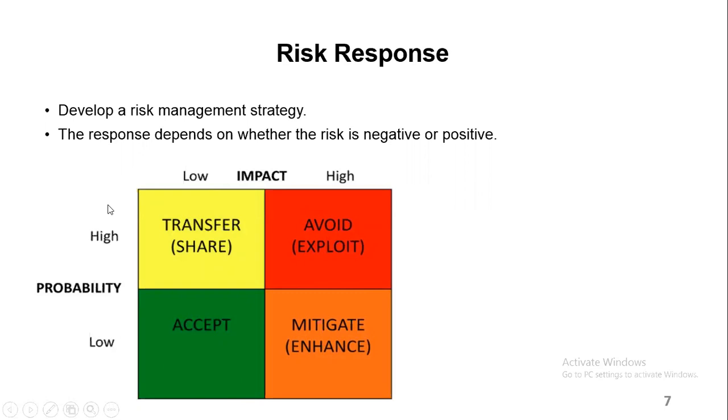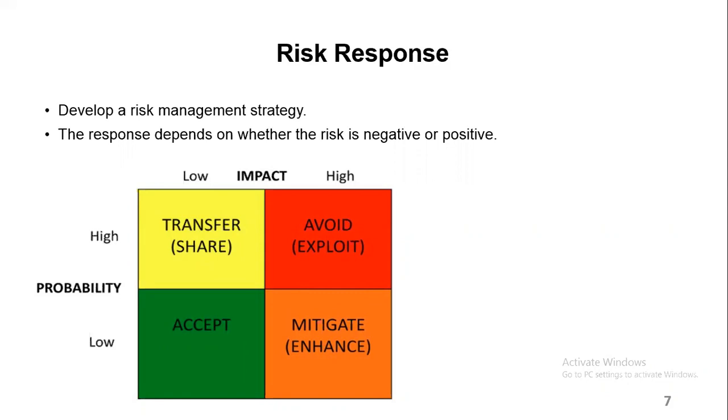Now let's say we come to this one where the impact is low, but the probability of it happening is high. Such a risk, you can choose to transfer or to share, depending on whether it is a negative risk or a positive risk.